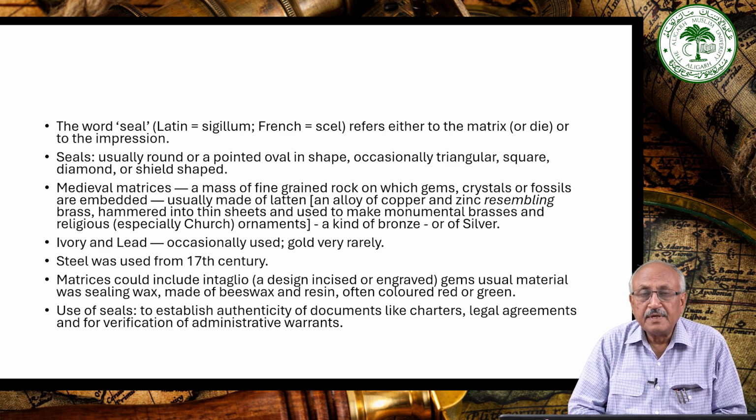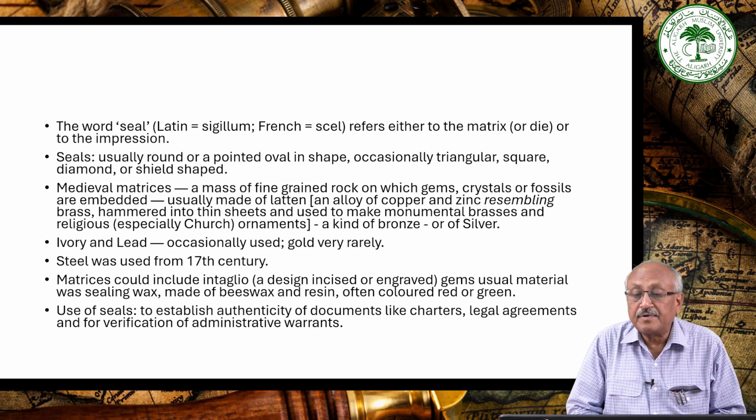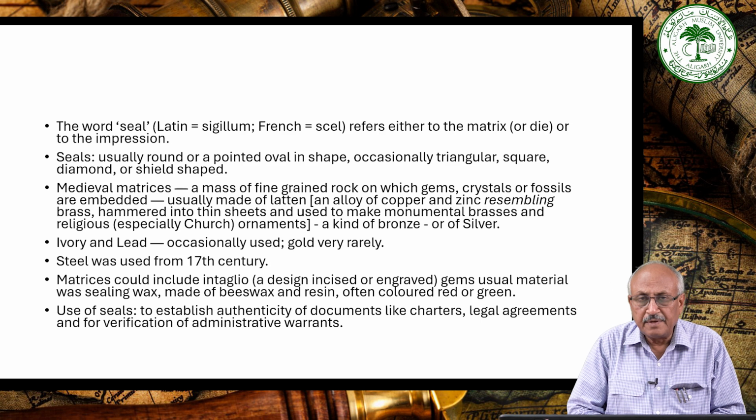Seals usually are of different shapes. They could be round, pointed, oval, occasionally triangular, square, diamond, and shield shaped. The varieties of shapes are there. Medieval matrices were usually made of latten.